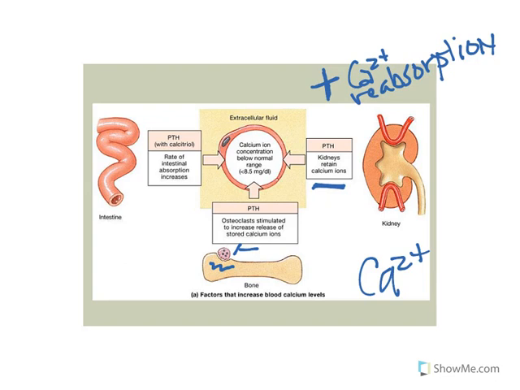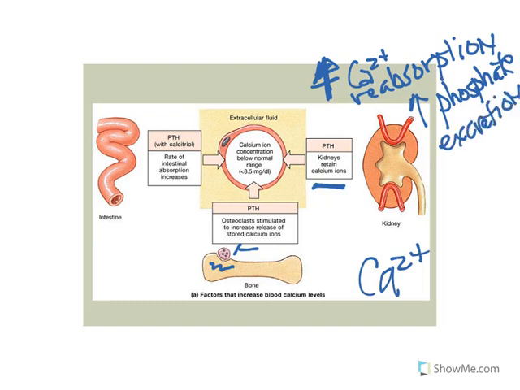It increases calcium reabsorption. It also increases phosphate excretion, because I don't want that phosphate to bind with the calcium, so we're going to get rid of it. Parathyroid hormone allows me to do that. The other thing parathyroid hormone does in the kidneys is increase calcitriol formation.